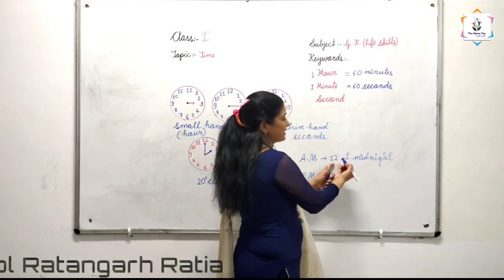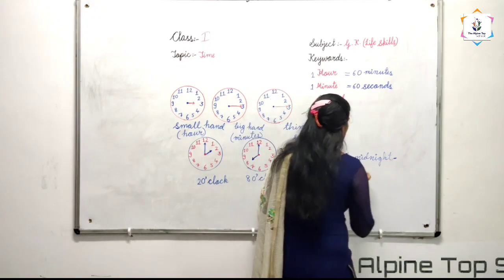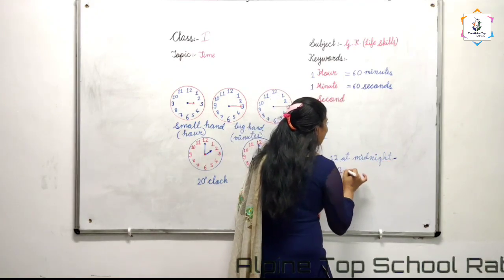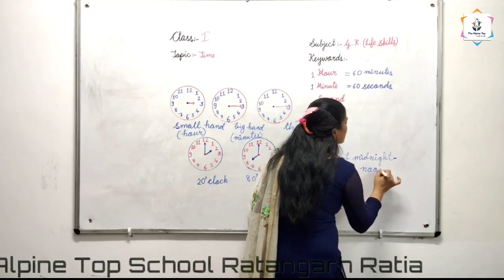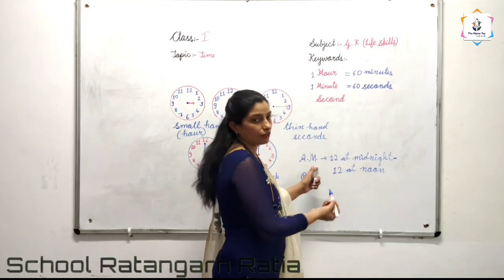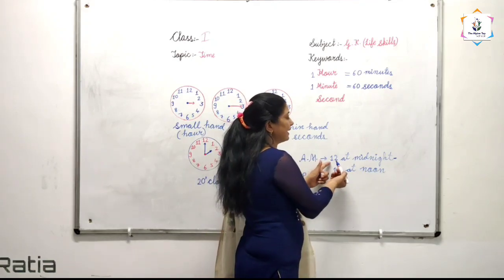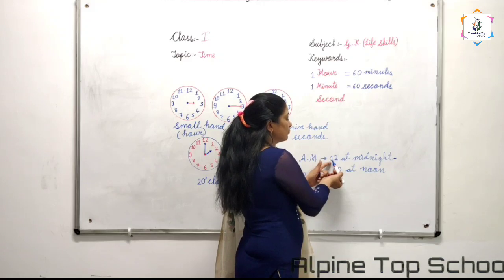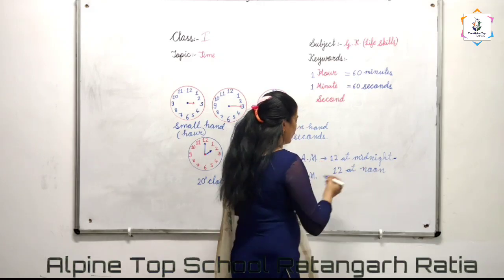We start measuring from 12 at midnight to 12 at noon. So for these 12 hours, we use the term AM.